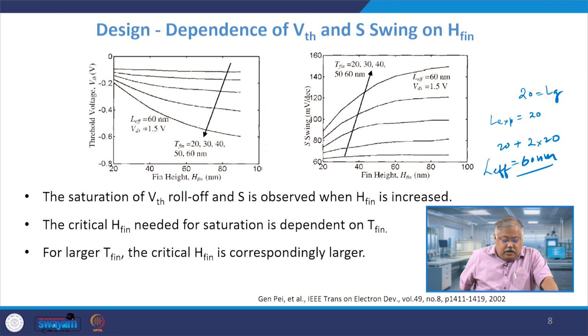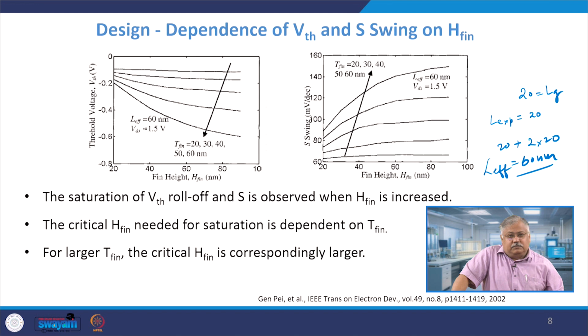As you can see here, this is your height of the fin. One thing is clear: as the height of the fin increases, irrespective of the thickness of the fin, the threshold voltage goes on increasing, and that's perfectly correct, because as the height increases, you require a larger total charge in order to form a channel, and that's the reason you require a larger gate voltage.